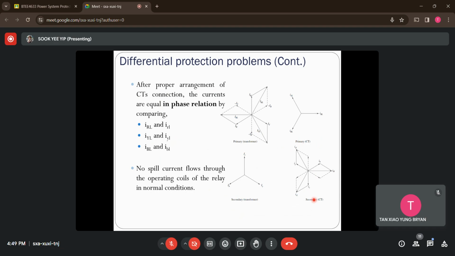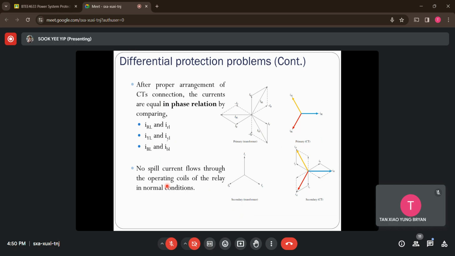Referring to the R phase, the red color phase here, this is the primary side after the current transformer, and this is the secondary side after the current transformer. You can see they are in phase now. The same applies for the blue phase or the yellow phase. They are in phase after you have done the right arrangement of the three-phase current transformers. So in this situation, no spill current flows through the relay operating coil under normal conditions.